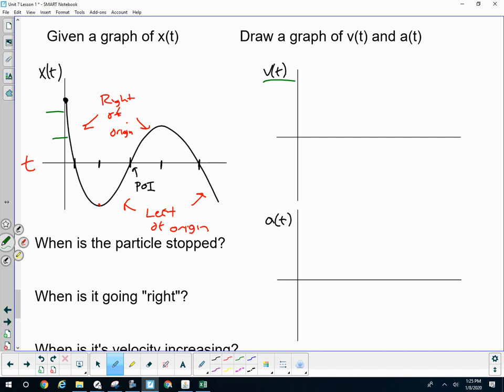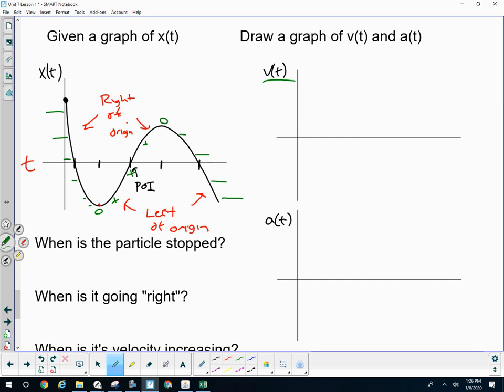Very negative, less negative, less negative, less negative, less negative, less negative, 0 slope. Positive, more positive, less positive, 0. Negative, more negative, more negative, more negative. Right? Those are the slopes of position. That gives me velocities. And it should make sense.